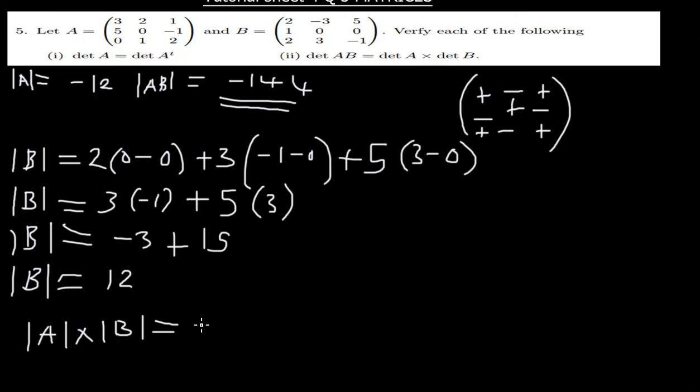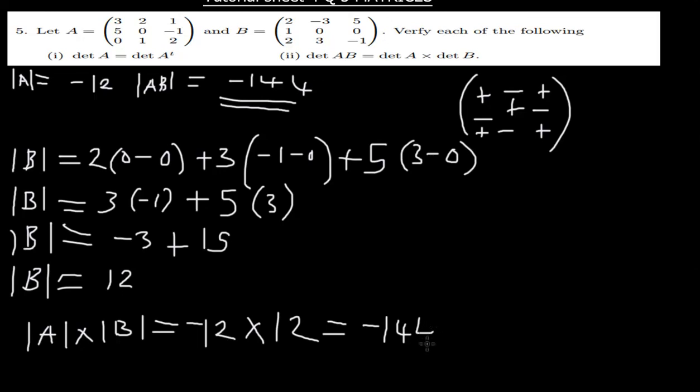The determinant of A we got was negative 12, so negative 12 times the determinant of B, which is 12. We get our answer to be negative 144.